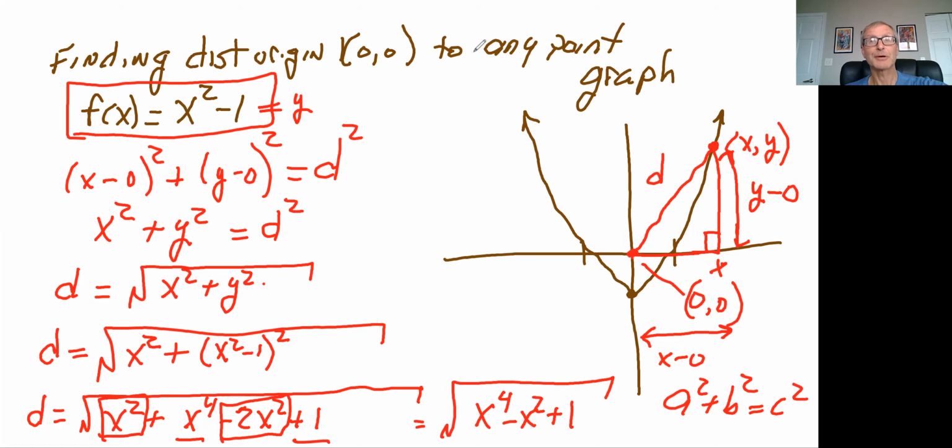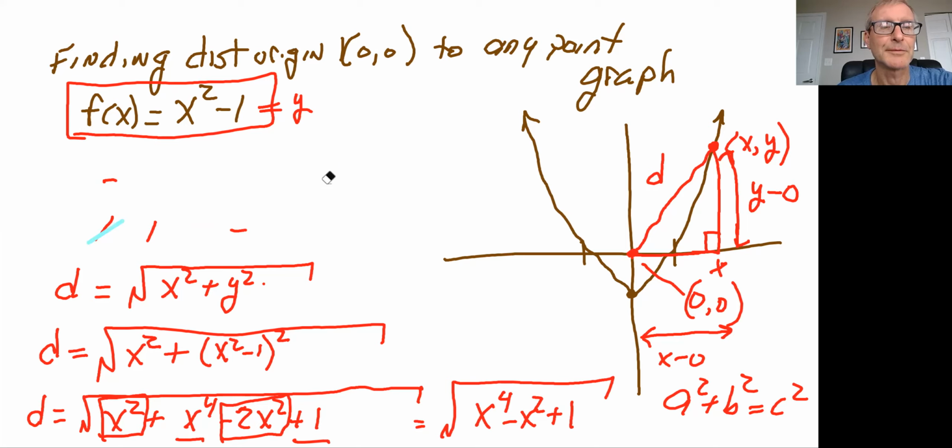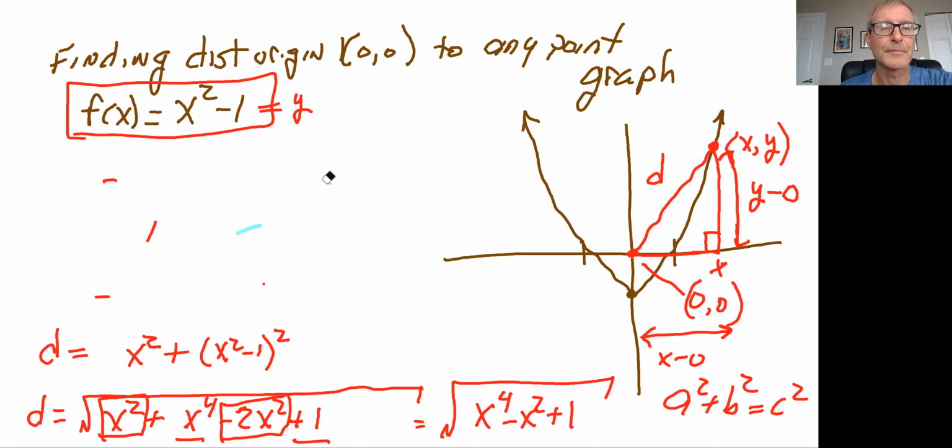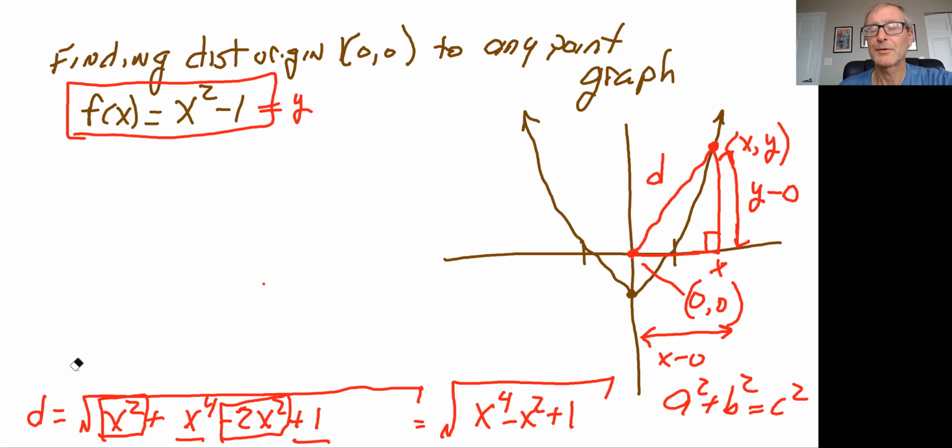So let me do a couple of examples for you. I need a little space here, so I'm going to erase this part so I can do some calculations. Let's do the simplest one first: what would be the distance when x equals 0?